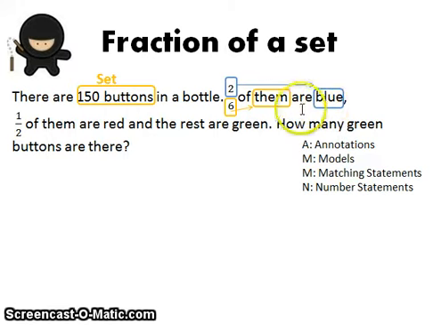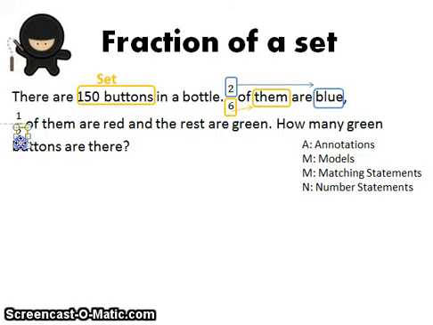Now let's take a look at the next part of the question. Half of them are red. 1 out of 2 of them are red. Let's understand this again. Half: this 2 is the denominator. The denominator refers to the set. Fraction of a set.